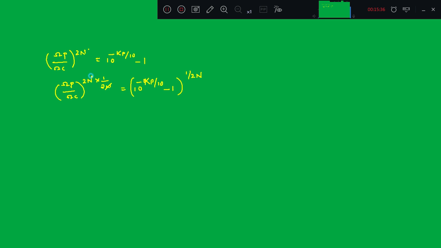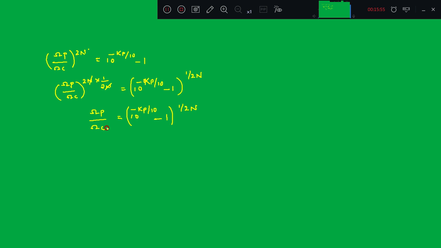So this 2n and this 2n will get cancelled. So what you will get? Omega p by omega c is equal to 10 raised to minus kp divided by 10 minus 1, into 1 divided by 2n, right?